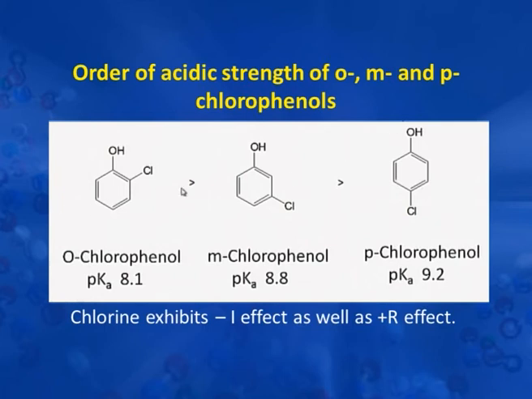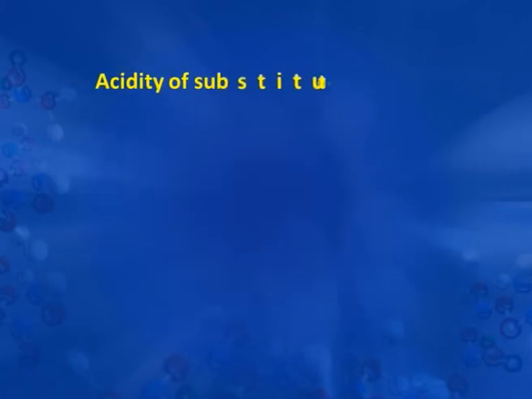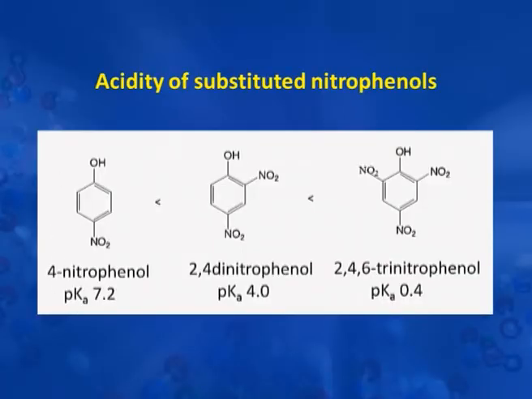In the present slide, we are going to discuss the acidity of nitrophenols. We already know that nitrophenols show acidic character much more compared to any substituted phenols, but here we have taken a mononitrophenol, a dinitrophenol and a trinitrophenol. When we look at the pK values of the 3 molecules, we see that as we increase the nitro groups, the pK value is dropping, showing that the acidic character is increasing.